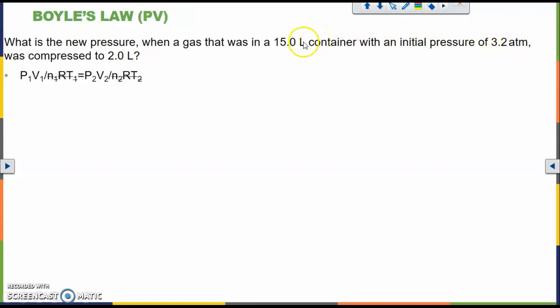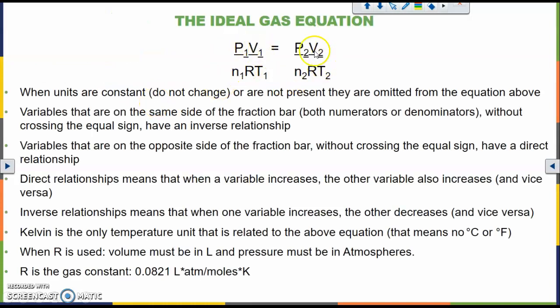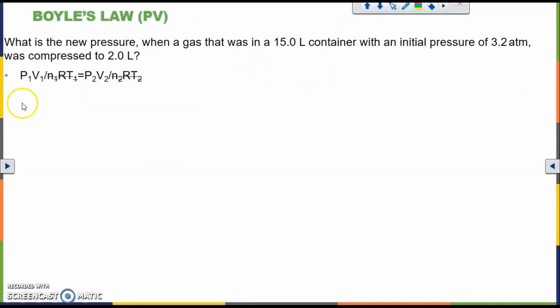All right, so if we do the math, the way that you would figure out which formula to use is you go back to the ideal gas equation, the way it was written in the previous slide. What you do is you eliminate units that do not appear in the problem. There are units for volume, so volume has to appear.